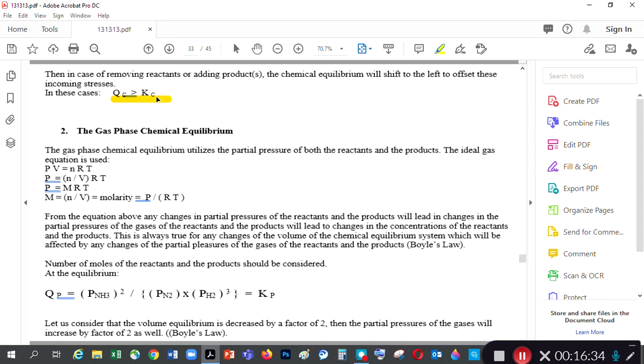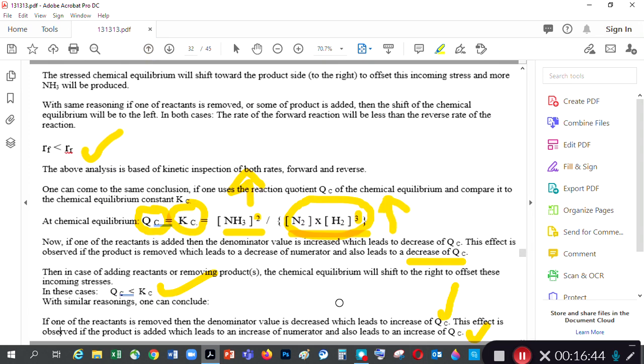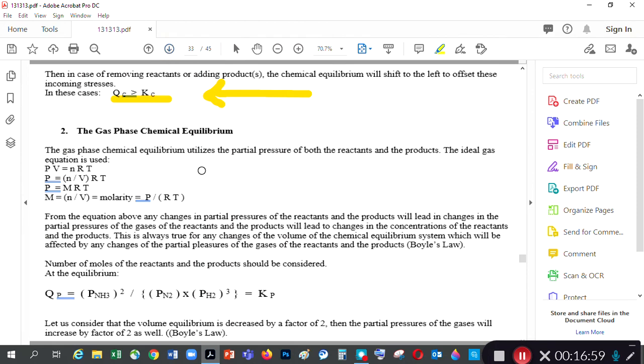So Qc will be greater than Kc, and the reaction will go to the reactant side, favoring the reactant side. On the other side, if you add more reactants, Qc will be less than Kc. So Kc is larger, so it will go to the product side. So that's just an inspection of how to do this.